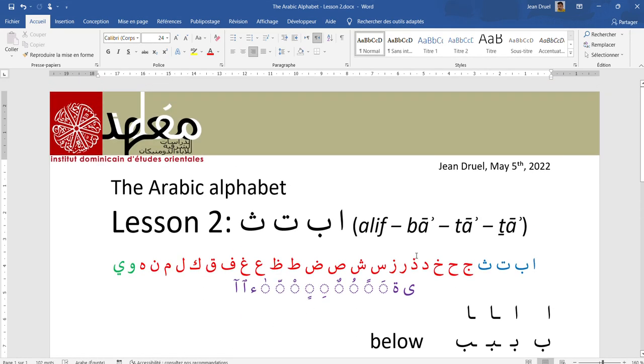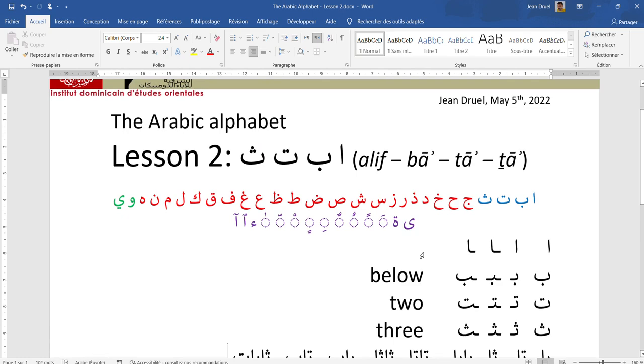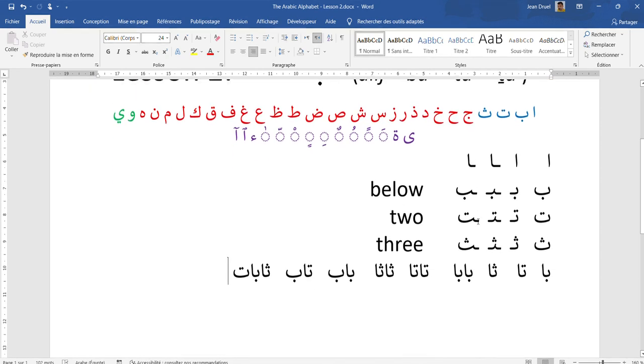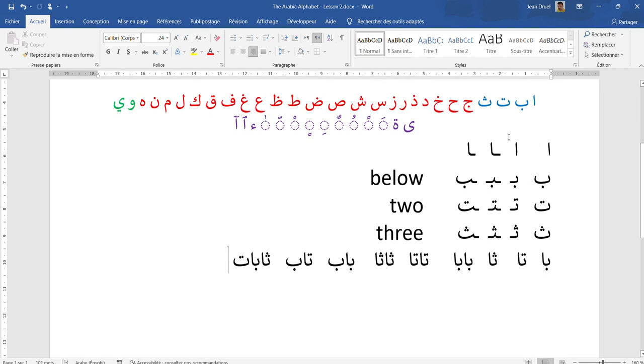So here is what we did today. Today we had lesson 2, 4 first letters of the alphabet, alif, ba, ta, tha. Alif, the long vowel, ba, ta, tha, the first 3 consonants with the same base shape. Then we studied the 4 letters with the isolated form, initial form, middle form, ending form.